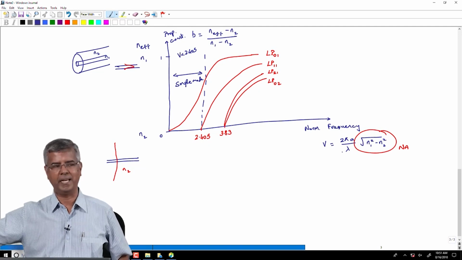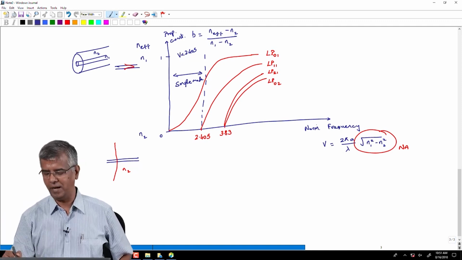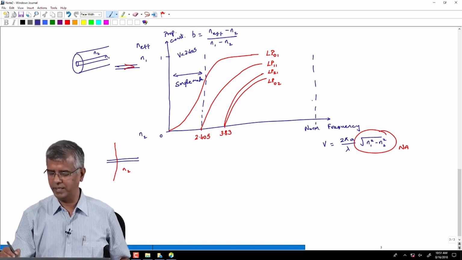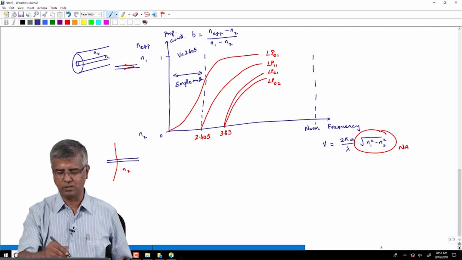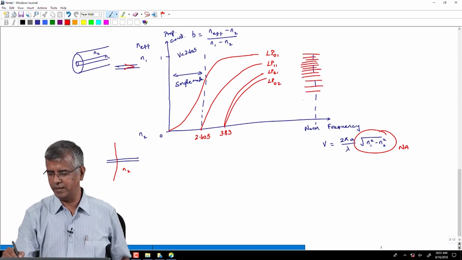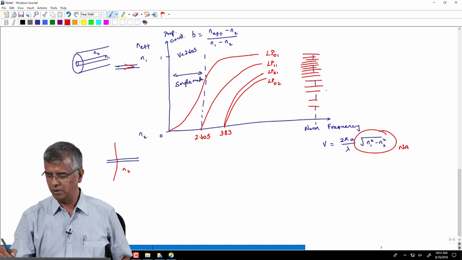V could be 10 or maybe 100, and in that region you are going to have hundreds of modes here. So, a very high value of V would correspond to a multimode fiber.